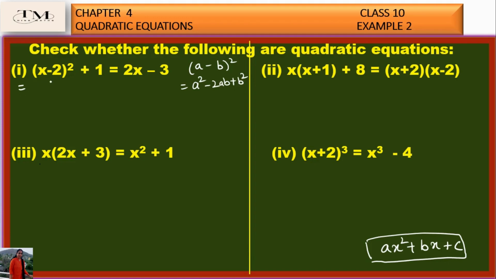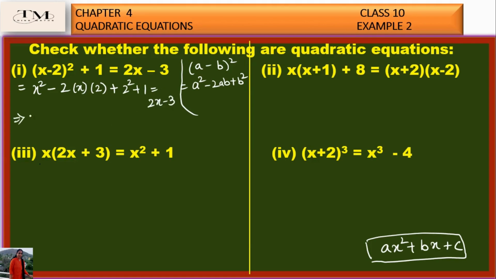So here a is x and b is 2. So x square minus 2ab, plus b square, which is 2 square, plus 1 equal to, on the other side, 2x minus 3.